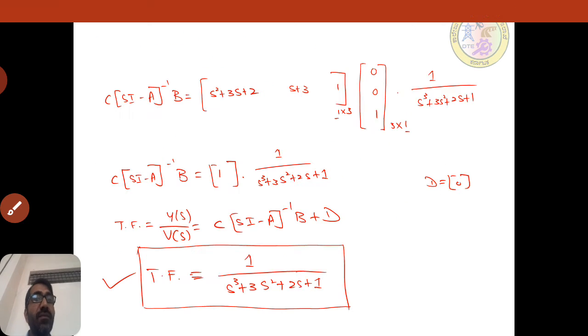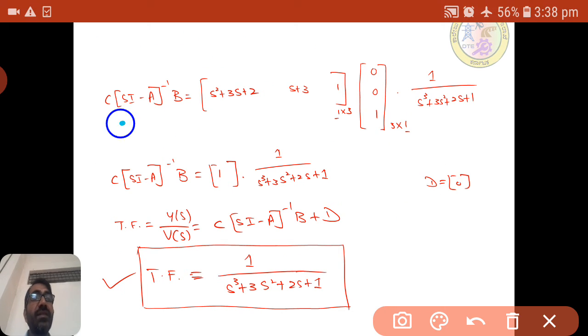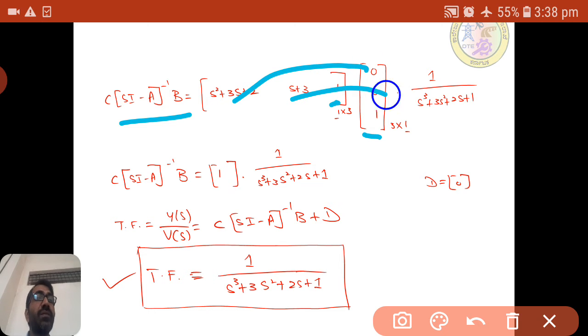Still we need to compute C into sI minus A raised to minus 1 into B. So B we need to multiply. If you multiply with B, again it will remain with only one term, that is 1. So 0 into this term, 0 into this term, and 1 into this term, only one term into the determinant, which we have not included here.